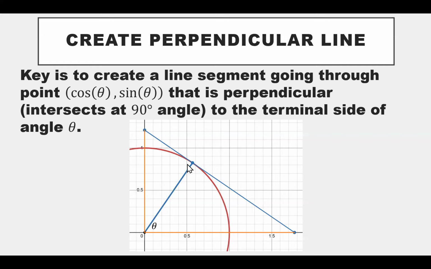Now, what that's going to do, because we're intersecting at 90-degree angles, is that's going to create a couple other right triangles, namely the one from the origin to cosine theta, sine theta, all the way out to this point on the x-axis and back, and also from the origin to cosine theta, sine theta, all the way out to the y-axis and back.